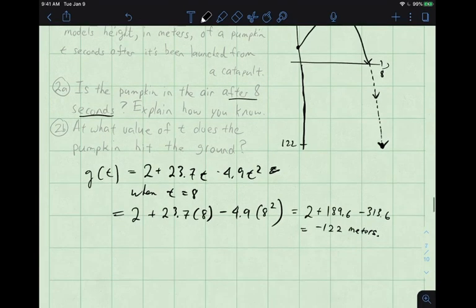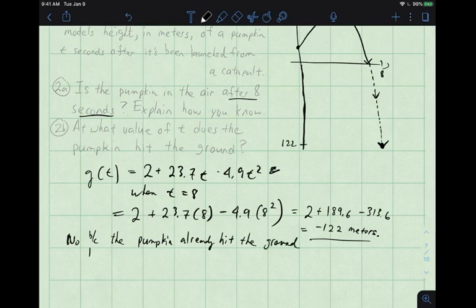So based on this answer, no, because the pumpkin already hit the ground before 8 seconds have passed.